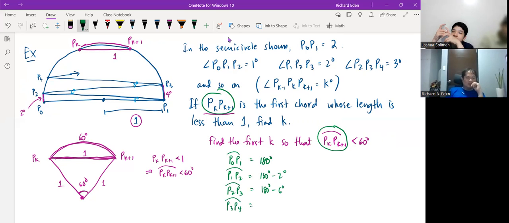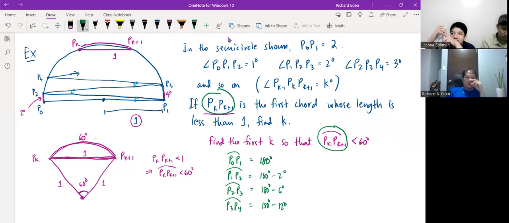What's the measure of arc P3, P4? 180 degrees minus 2 plus 4 plus 6. So what's that? 12.